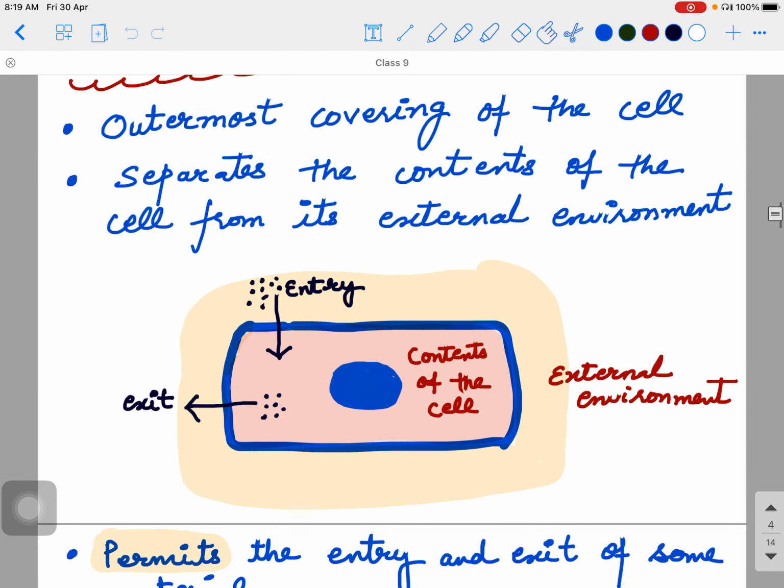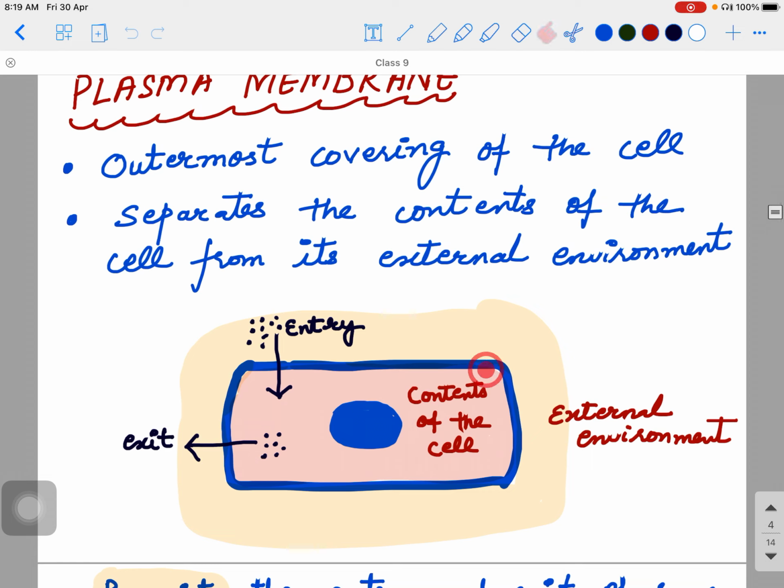Here you can see a diagram of cell. This is a cell, and the blue outline that is there is plasma membrane, and it is surrounded by an external environment. Inner to plasma membrane are present contents of the cell.